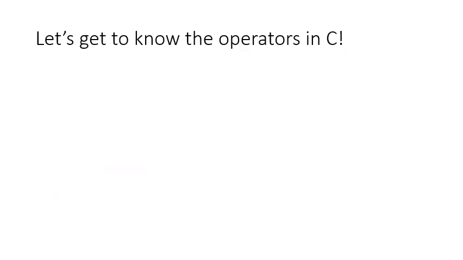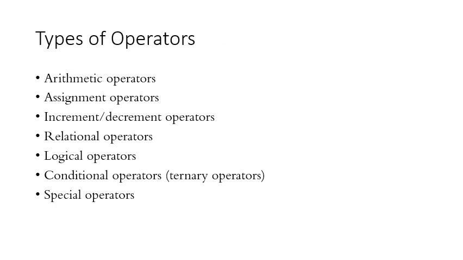So let's get to know more about the other operators in C. C provides rudimentary operators which are found in most programming languages. Arithmetic operators such as addition, subtraction, multiplication, and division. Then we also have the assignment operators that allow us to assign a value to a variable.